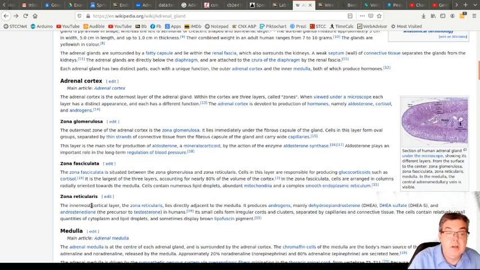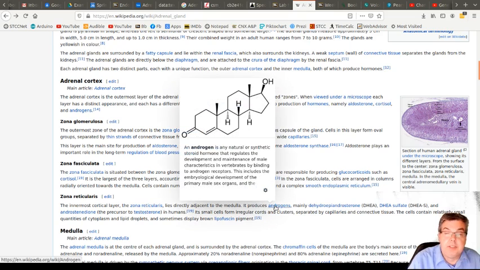And if we go down here, okay, so they don't even do that. It just produces androgens. But androgen is a type of sex hormone. It includes testosterone in its family. And it's released from the zona reticularis.